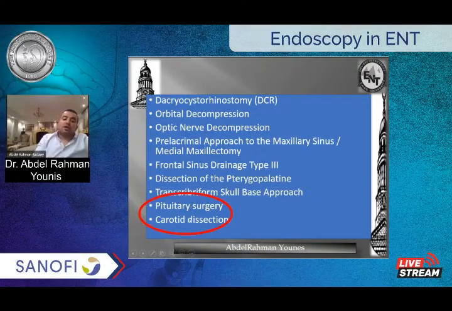So the last two items should be discussed in a separate lecture because they have many steps and tricks and anatomical variations, and you should have a roadmap in your mind to enter such topics.